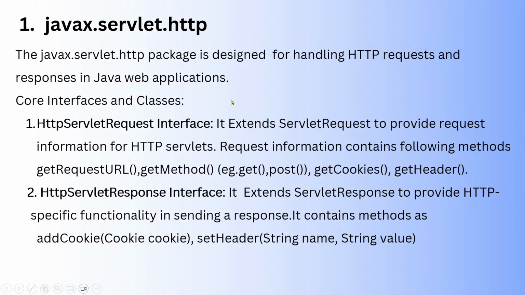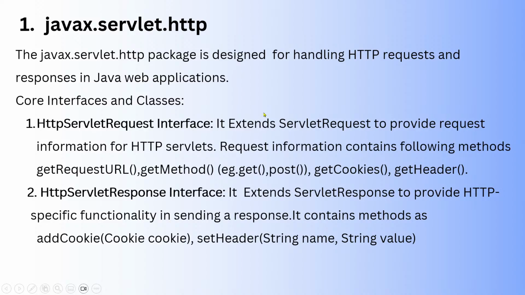So, the core interfaces and classes: here the interfaces are the HTTP servlet request interface and the HTTP servlet response interface. The HTTP servlet request interface extends servlet request to provide request information for HTTP servlet.